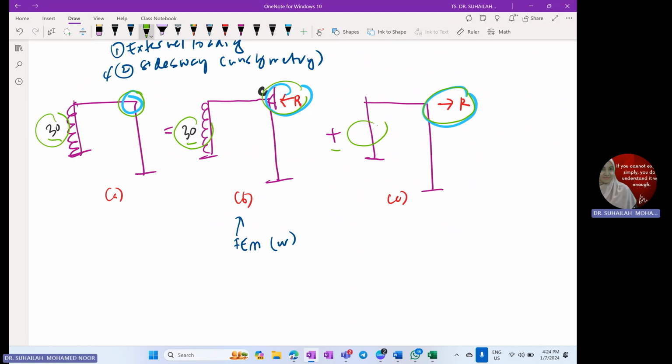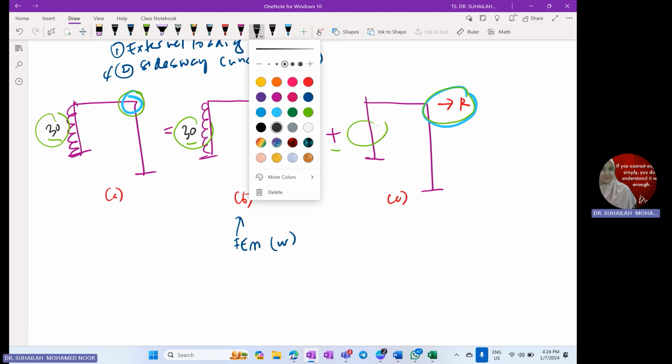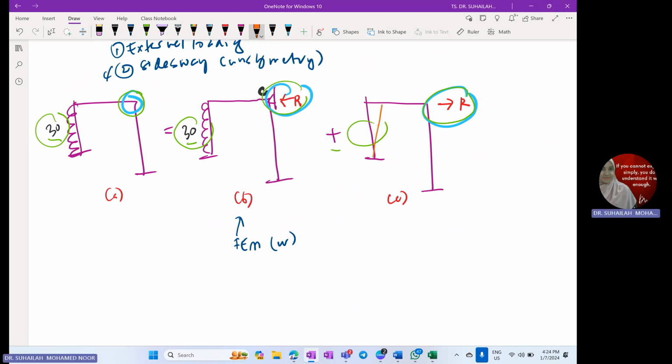Okay, so this is called the principle of superposition, where diagram C is actually the side sway frame due to delta.